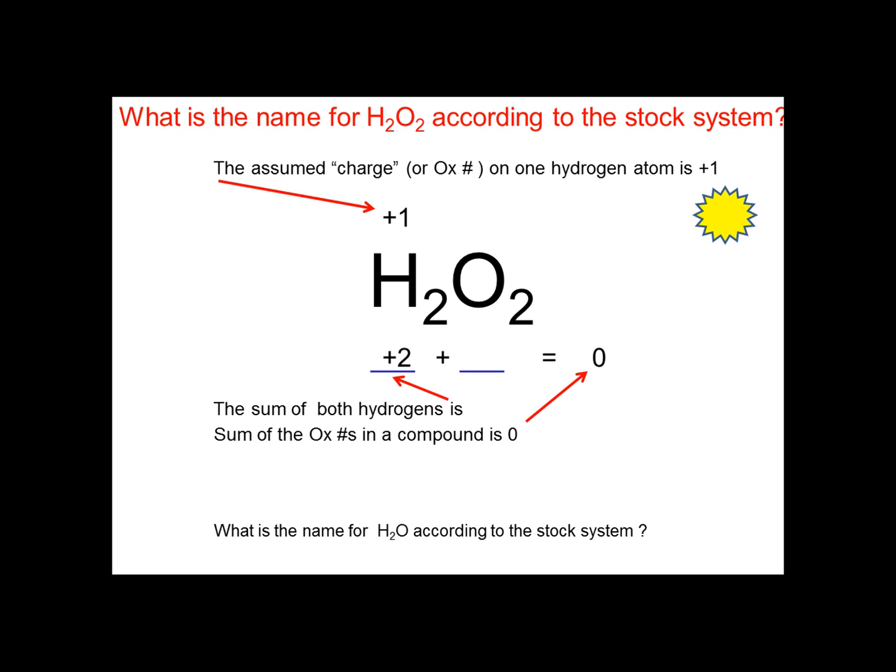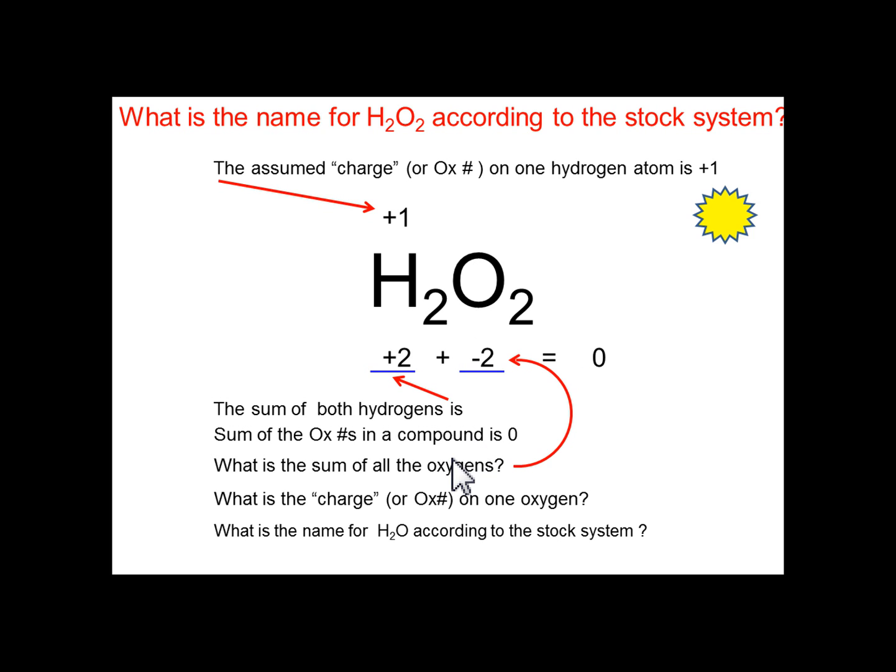In order for the total positive oxidation state of +2 to equal 0 in this compound, the oxygen has to total -2, but there are 2 oxygens there. So each oxygen has an oxidation state of -1. This is one of the exceptions for oxygen. The name for this compound is hydrogen(I) peroxide.